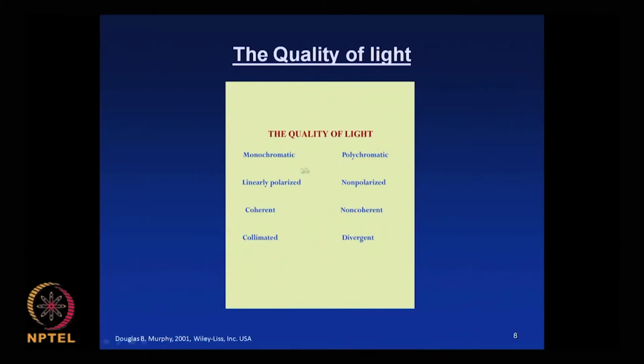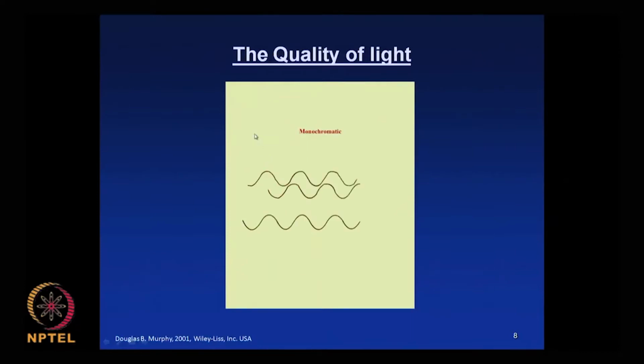You can see that it could be monochromatic or polychromatic, linearly polarized or non-polarized, coherent or non-coherent, collimated or divergent. All these different qualities of light can be defined in this manner, but for our clarification we have made some animations.